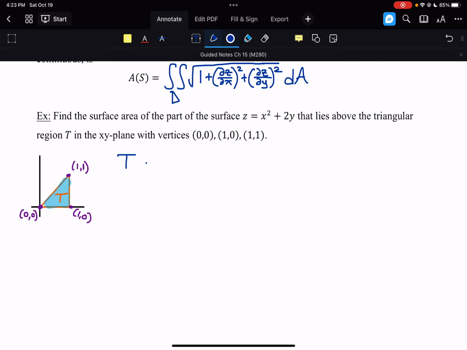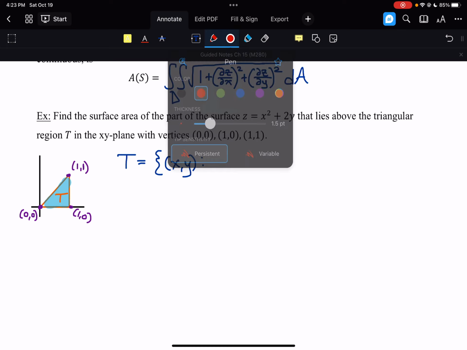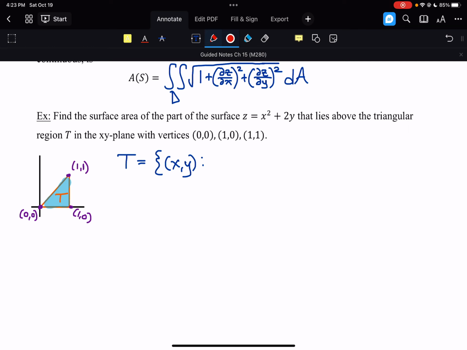If I just set this all up here, this is going to be the set of all points x, y such that, if we're going to integrate this, vertical or horizontal, both are perfectly valid here. We traditionally like to stick with vertical, so we'll have bottom function to top and then set the bounds left and right for the constants.